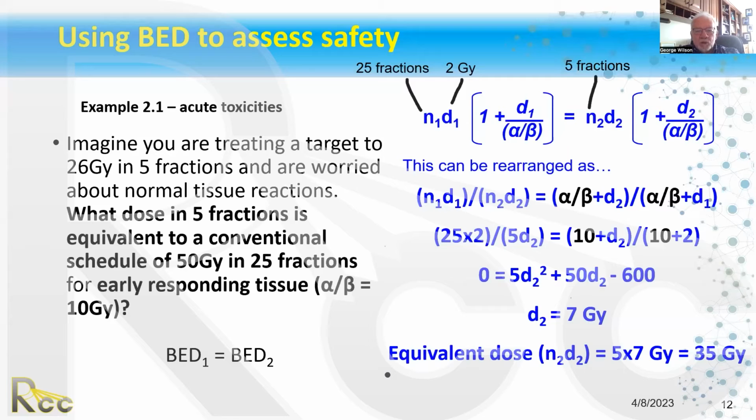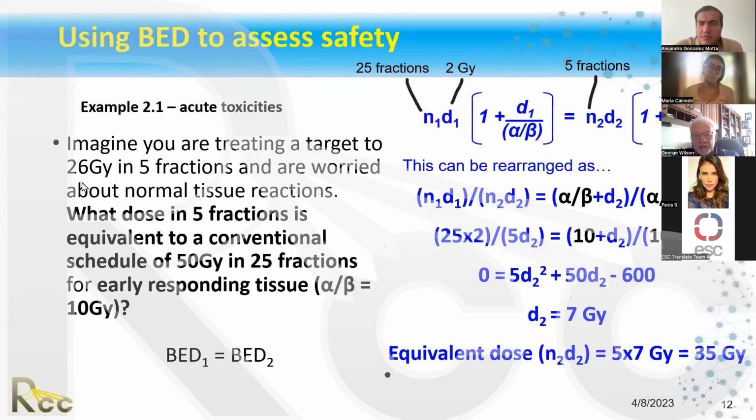And we want to know what dose in 5 fractions is equivalent to a conventional schedule of 50 gray in 25 fractions, 2 gray per fraction. Again, we've got a hypofractionated schedule, and we want to see what's the equivalent in a more conventional schedule.